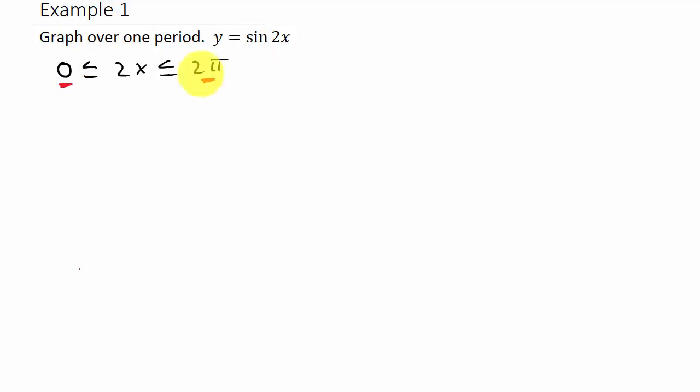That's what you do every single time. And then this is what you're taking the sine of. Alright, so now we solve for x. I'm going to divide everything by 2. So I get 0 less than or equal to x less than or equal to pi. So this is what we're graphing it over.